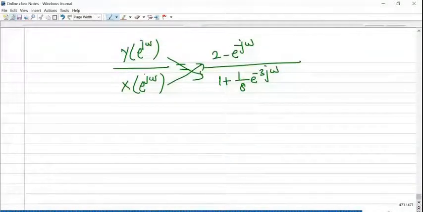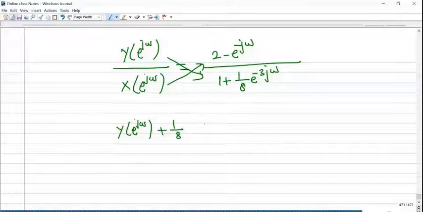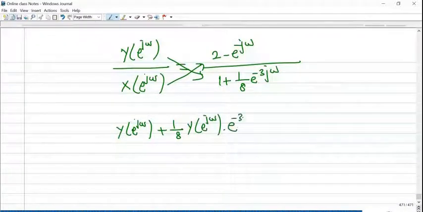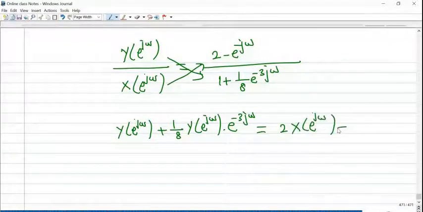Y of e power j omega plus 1 by 8 Y of e power j omega into e power minus 3j omega equals 2 times X of e power j omega minus X of e power j omega multiplied with e power minus j omega.